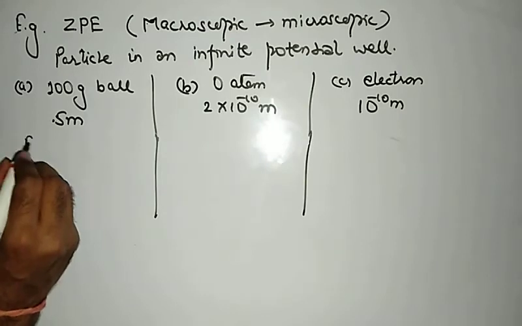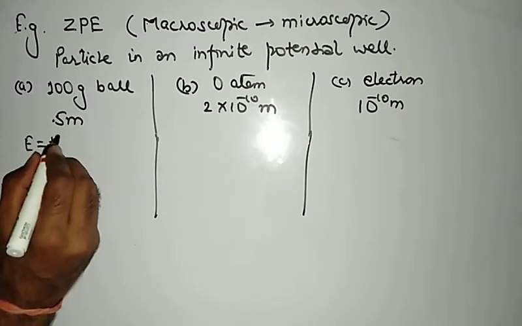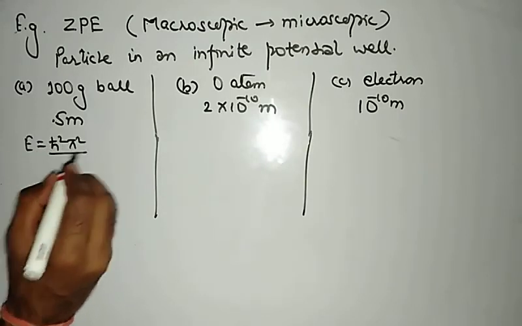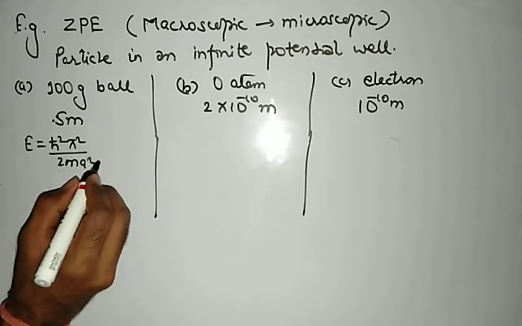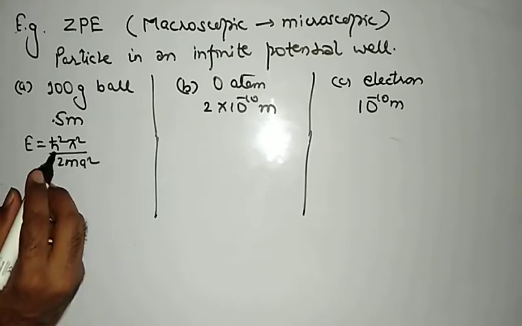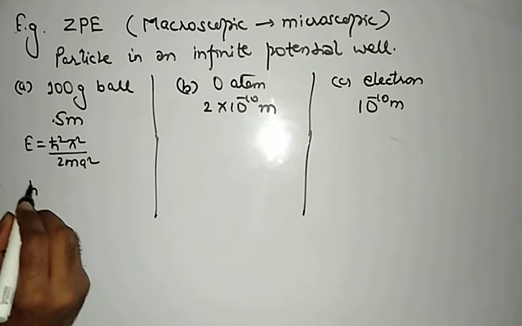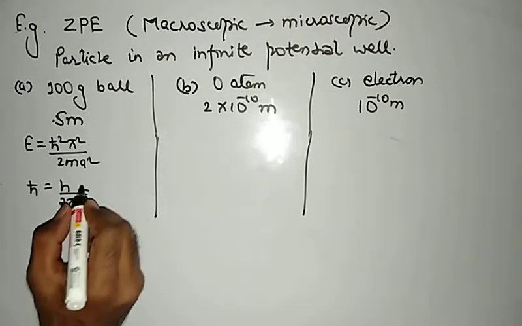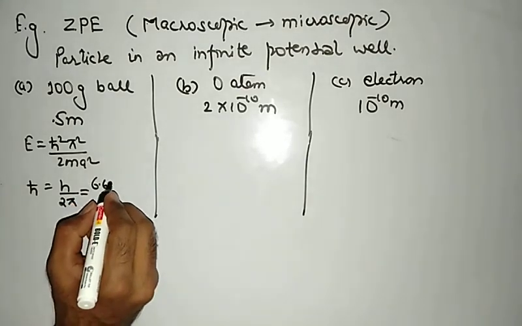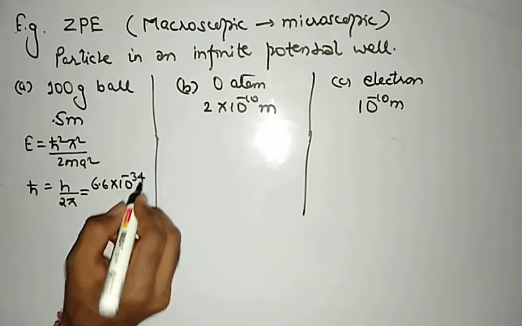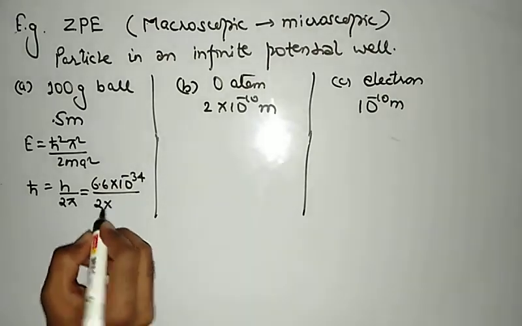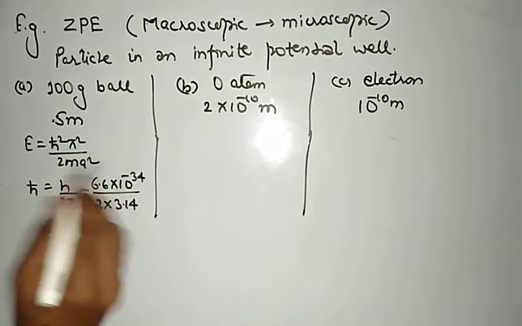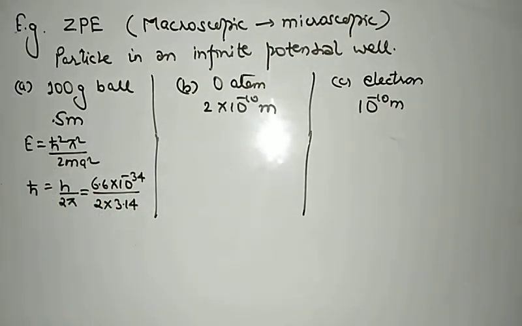So obviously this is equal to h cut square pi square upon 2 m a square. The value of h cut we know, h upon 2 pi, and what is h? 6.6 into 10 power minus 34 upon 2 into 3.14. So from here we can calculate h cut.